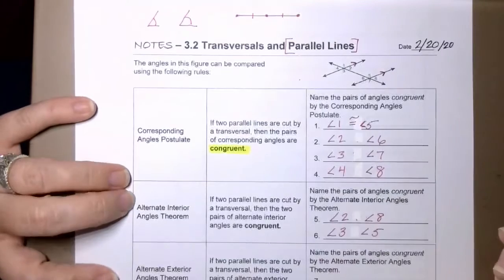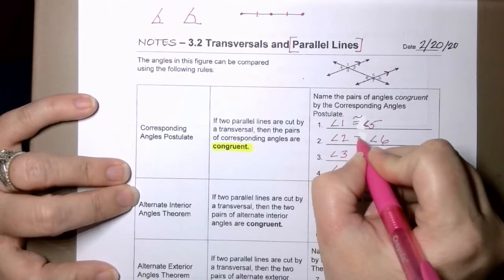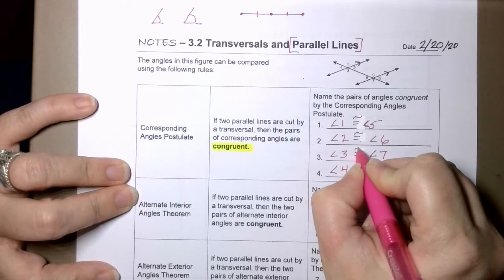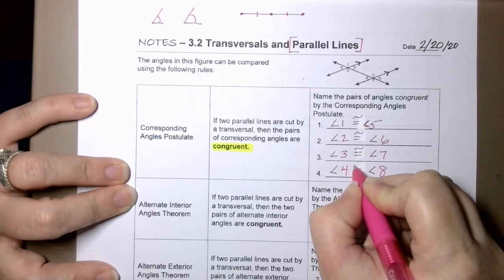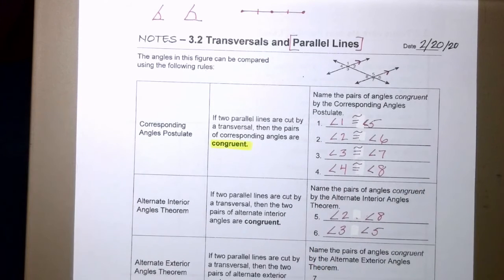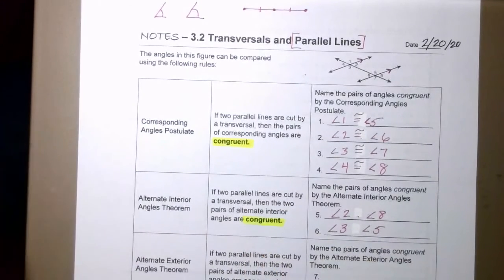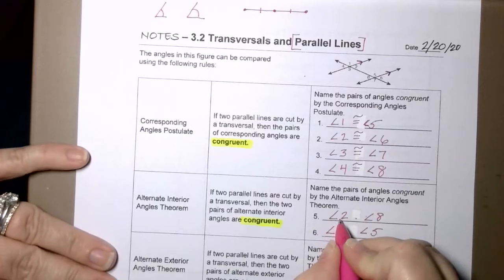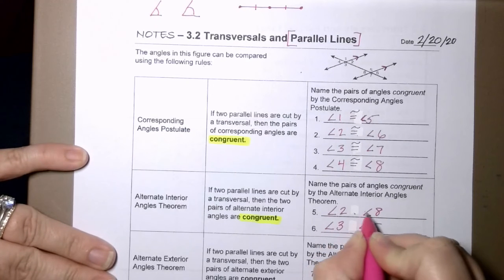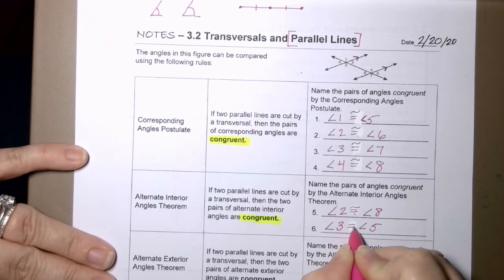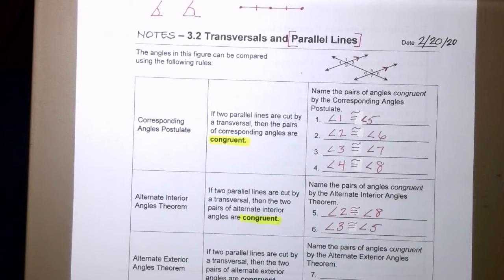Remember, that's the equals with the squiggle over it. So I'm going to say they are congruent. And guess what? Alternate interior angles are also congruent. So not only is angle 2 an alternate interior angle with angle 8, it is congruent to angle 8. Same thing, angle 3 with angle 5.